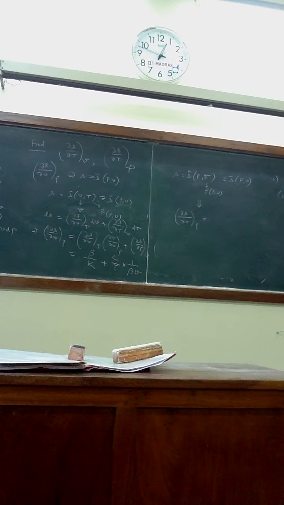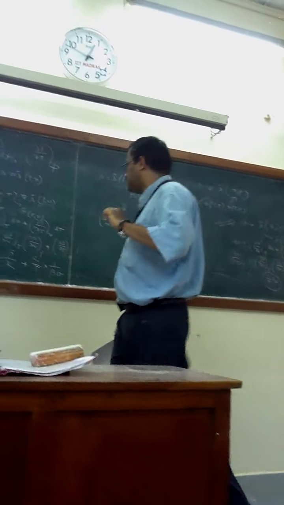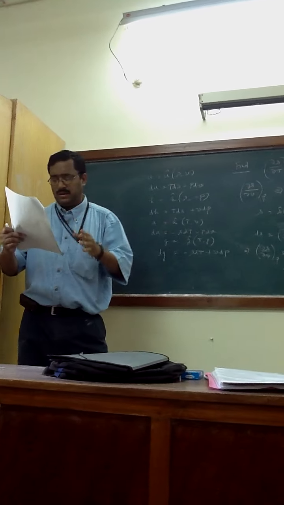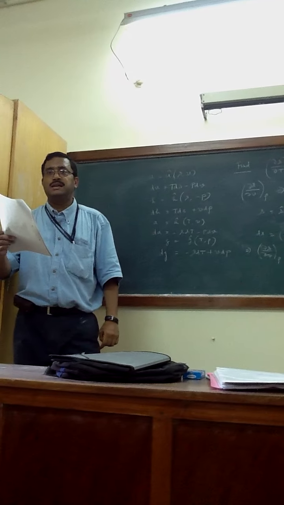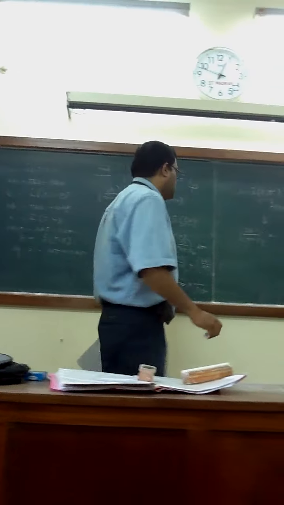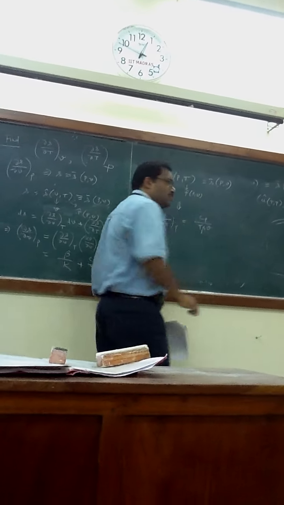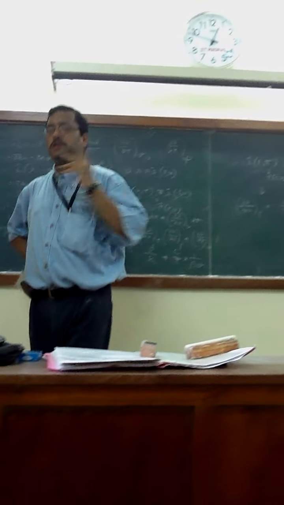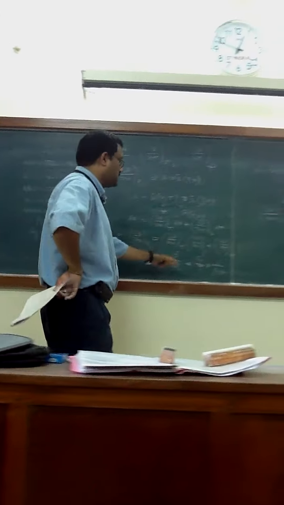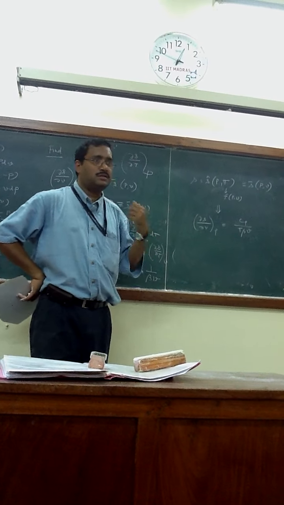Any luck? Because you can go with the same procedure I was doing, and from there you can get it. Cp by T into 1 by beta, Cp by T beta V. You are getting different results, right? One is this and one is this. So are they different?